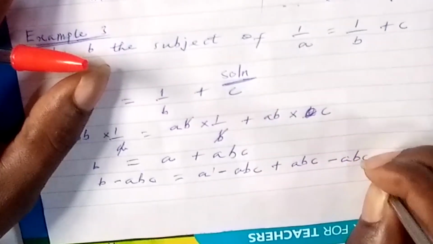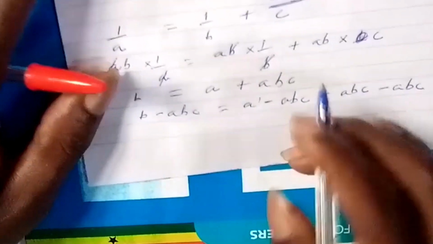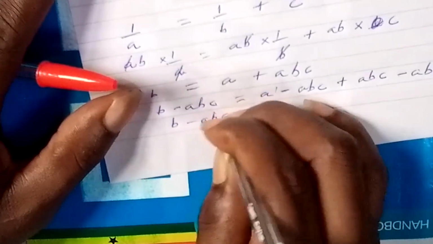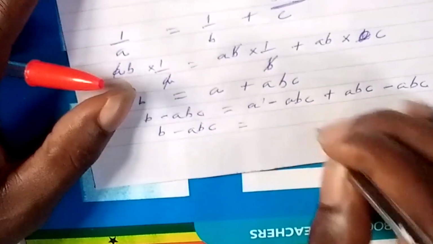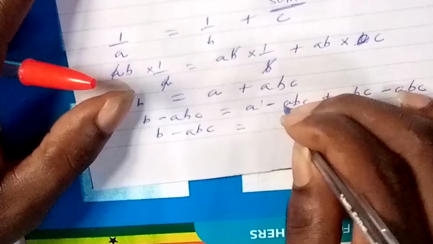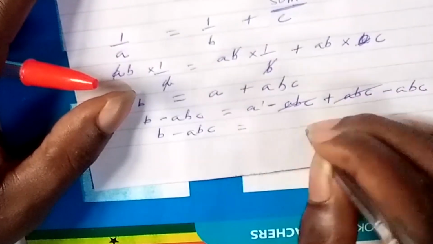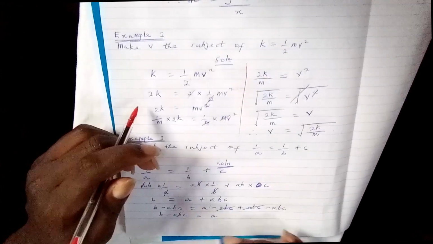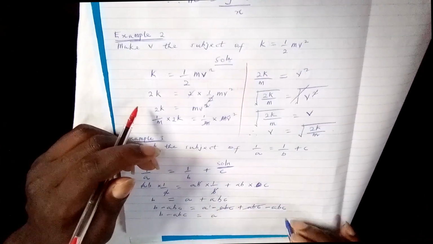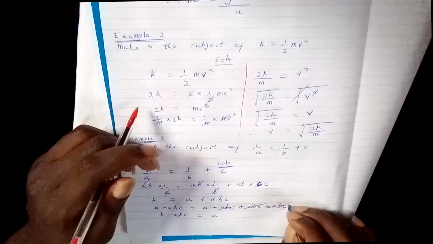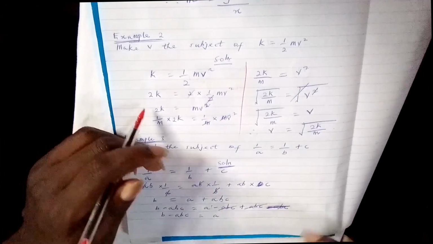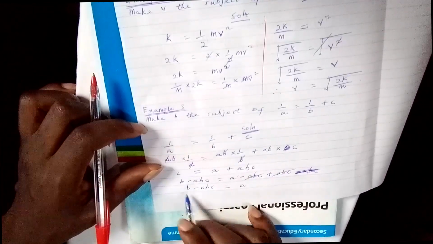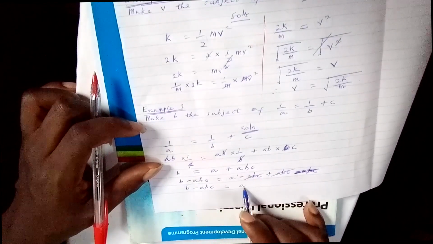So b is here minus abc is equal to, this will go away with this, leaving only a. Remember, minus abc has been duplicated, so I need to cancel one of these. Sorry for that mistake. So now we have gotten b minus abc equal to a.